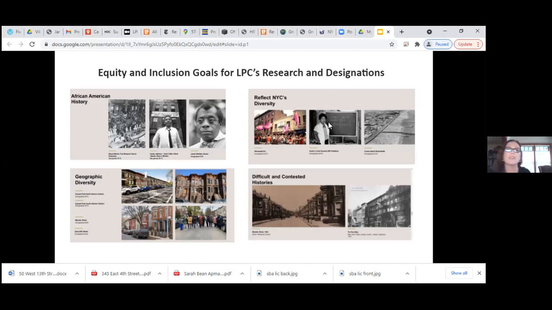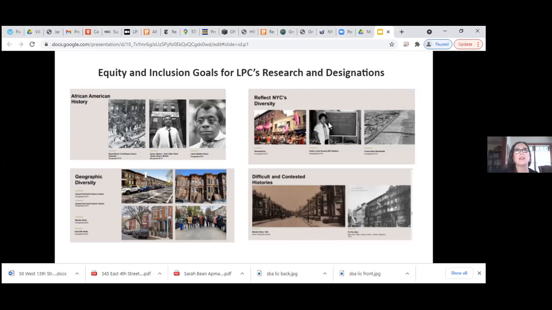And then also looking at difficult and contested histories, which are not always pleasant to talk about, but very important that we recognize them. So they cite Menahan Street in the South Bronx, and Public School 48 in South Jamaica, Queens. Their designation reports include the history of redlining and disinvestment in the neighborhoods as part of the narrative.